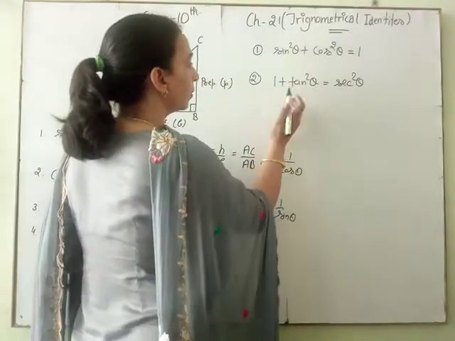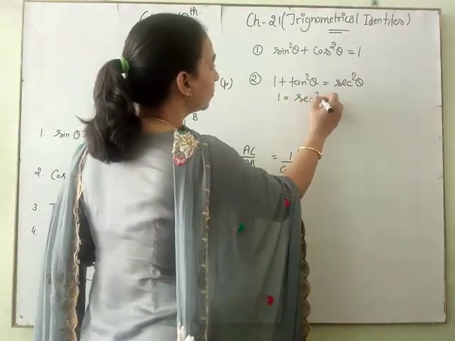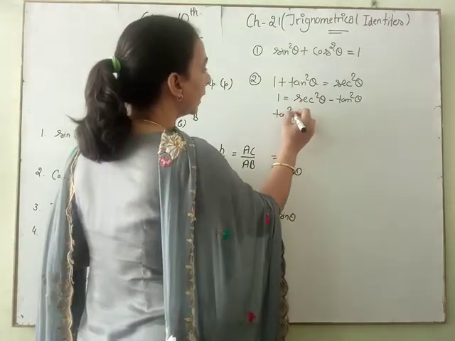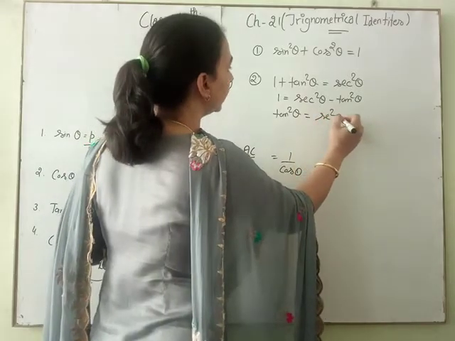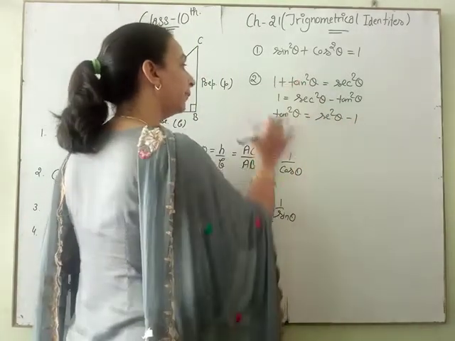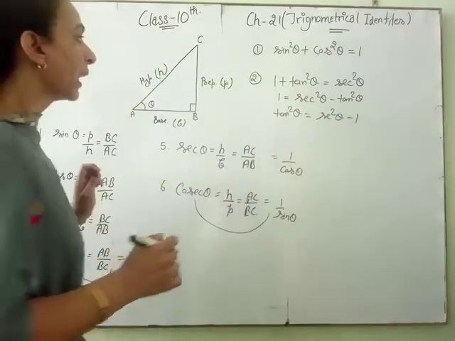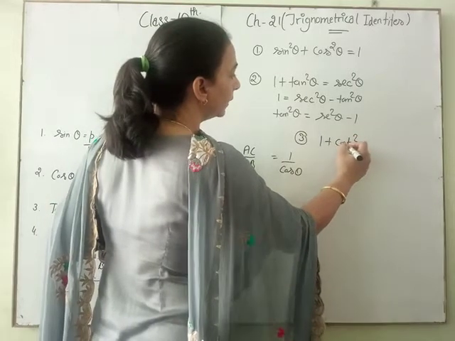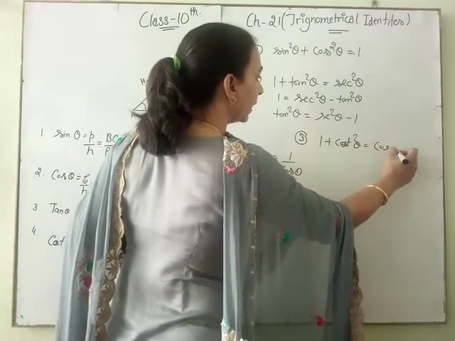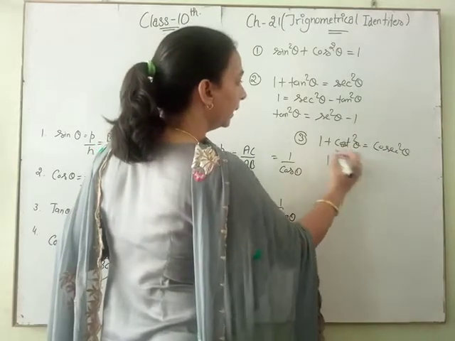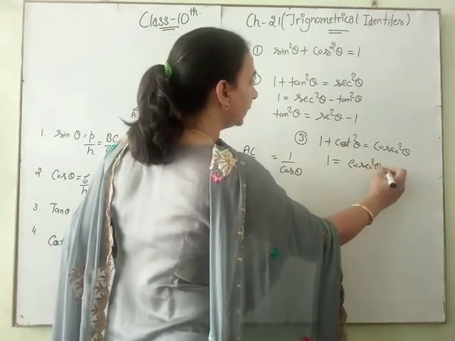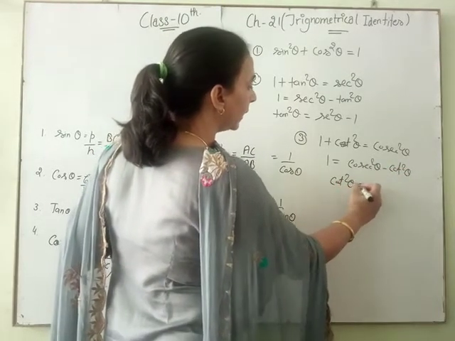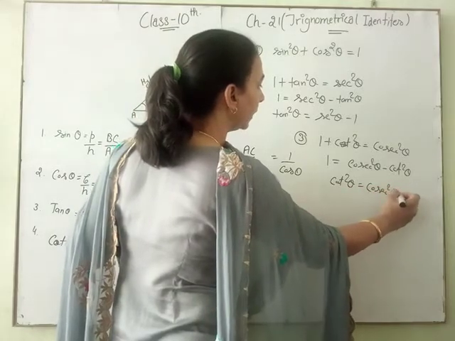From this result, we also write 1 equal to secant square theta minus tangent square theta, and tangent square theta equal to secant square theta minus 1. From one result we find these 3 results. Next, third, 1 plus cot square theta equal to cosecant square theta, and also 1 equal to cosecant square theta minus cot square theta, and cot square theta equal to cosecant square theta minus 1.